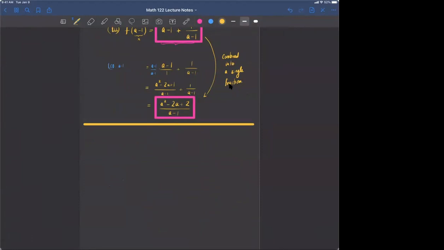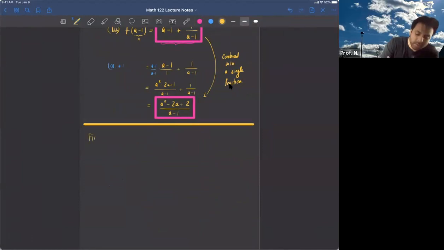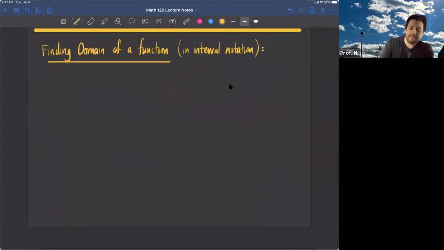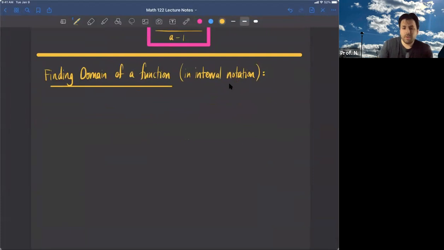Okay, so let's look at finding the domain of a function using interval notation. Oh, the first on the sheet? Oh, pardon me. Oh, okay. So find interval notation.